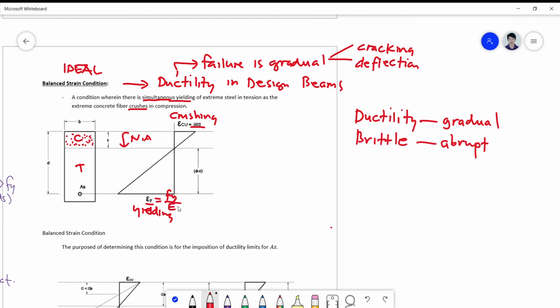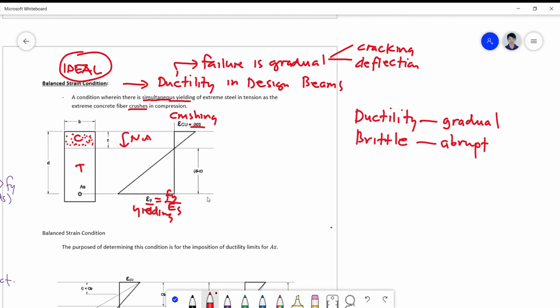Simultaneous occurrence of these two is an ideal situation. It is difficult for them to happen at the same time. That's why we have to find out where the area is wherein the behavior will still be ductile.